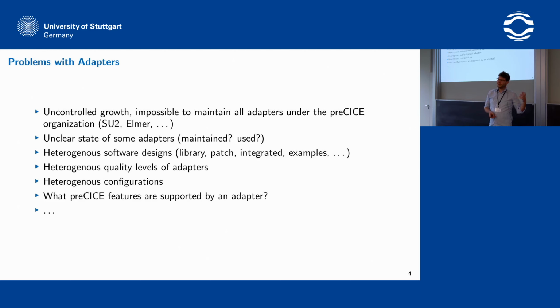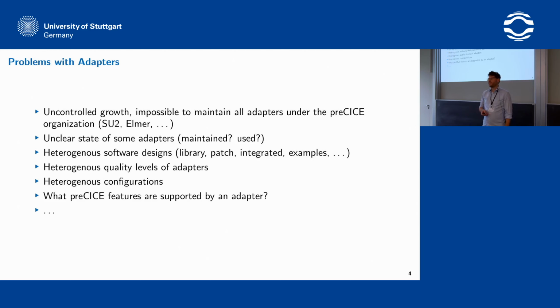Just think about the presentations we heard this morning. You learned about an adapter for QoS, for ISSM, for WRF, for Gizmo, and then, I forgot the name, the fire code. So this is already 5 adapters, right?